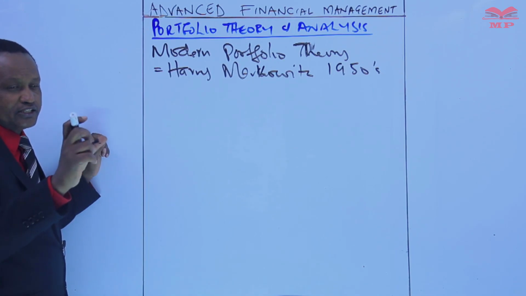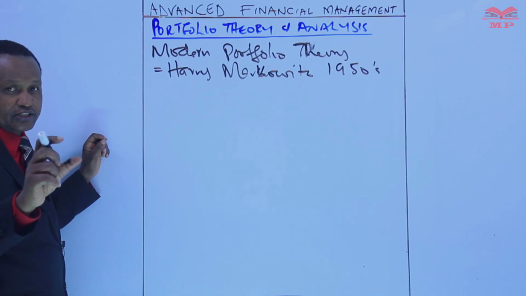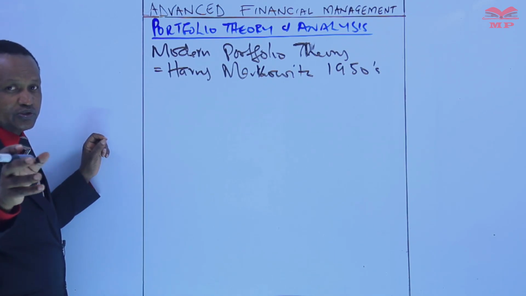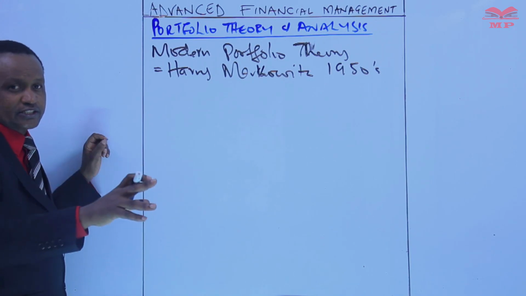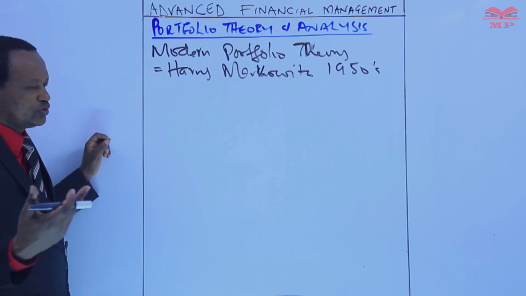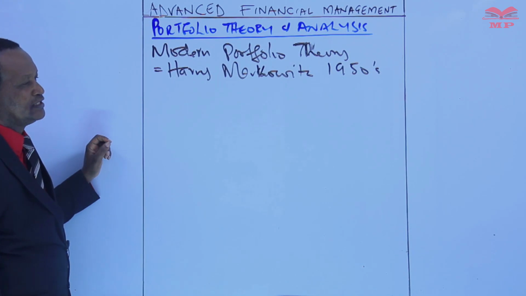And candidates, the modern portfolio theory is based on the idea that diversification, which means spreading investment across different assets, can reduce the overall risk. That's a cornerstone of the modern portfolio theory.